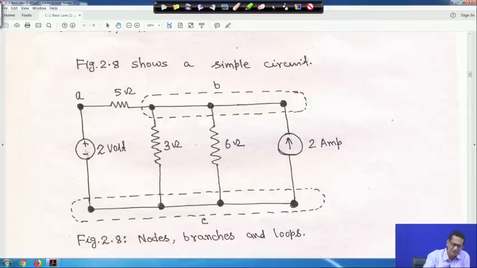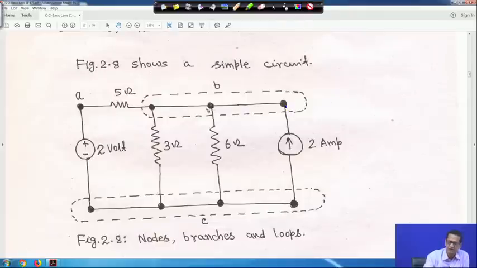This voltage source is connected across 2 terminals, so it is a branch. This 5 ohm resistor is also connected across here, and it is a branch. Similarly the 3 ohm is connected across these two, it is a branch. The 6 ohm is also connected across the terminals, it is a branch, and the current source is also a branch, right.